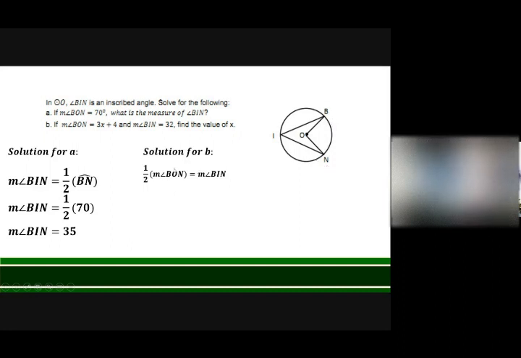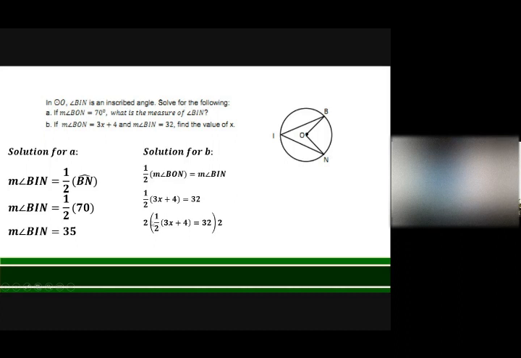Ang value ng ating BON ay 3x plus 4 at ang value ng ating BIN ay 32. So, para makuha natin yung value ng x at matanggal natin yung 1/2 sa tabi ni 3x plus 4, let us multiply both sides by 2.